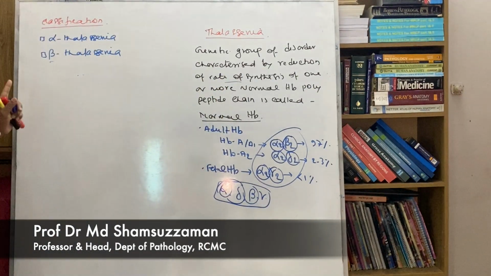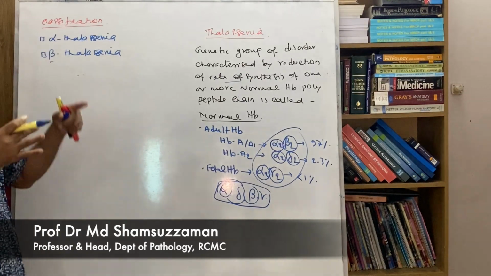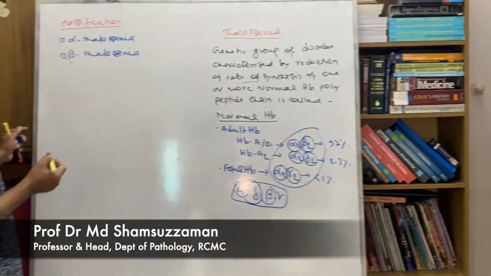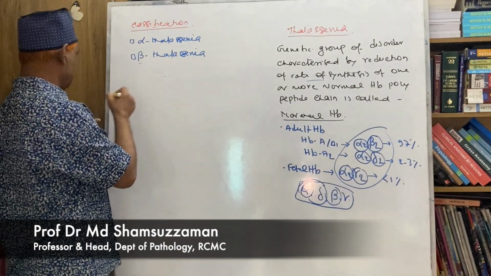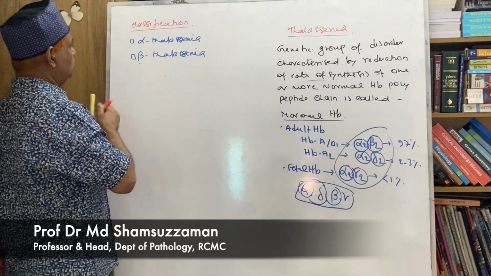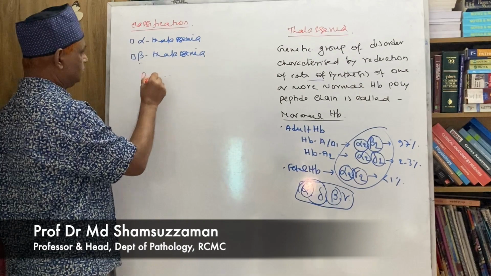This is the classification of thalassemia in brief. Today come to beta thalassemia.